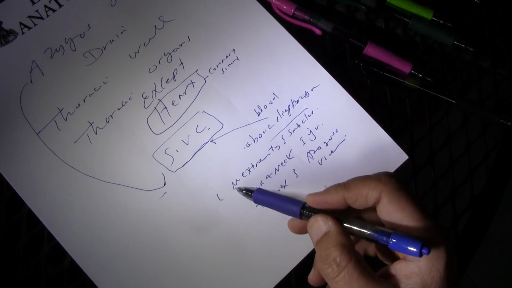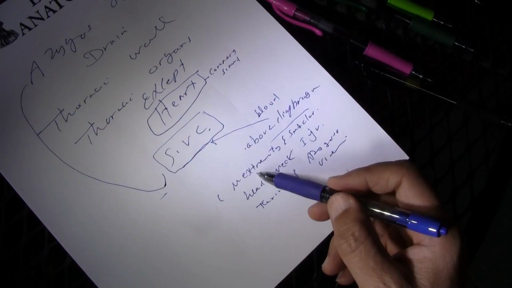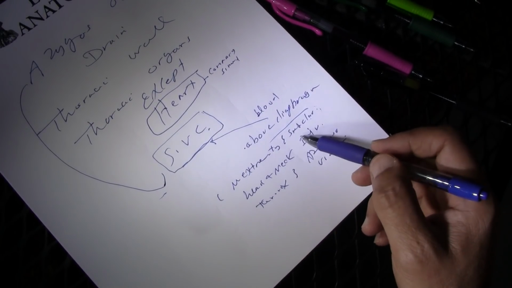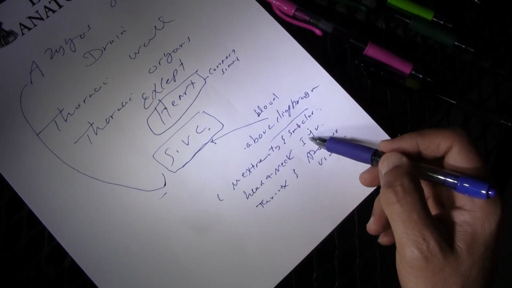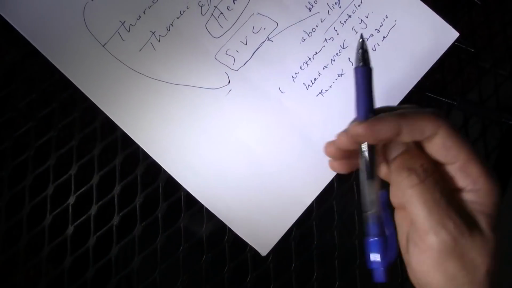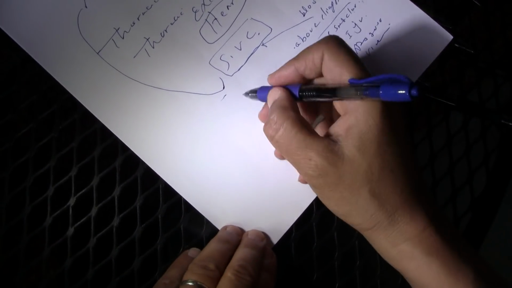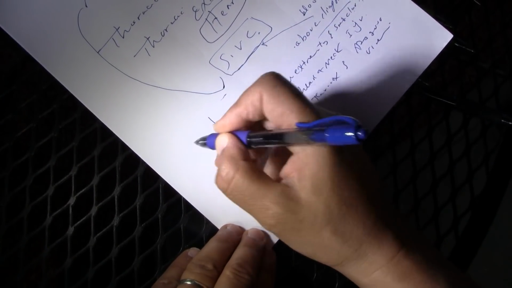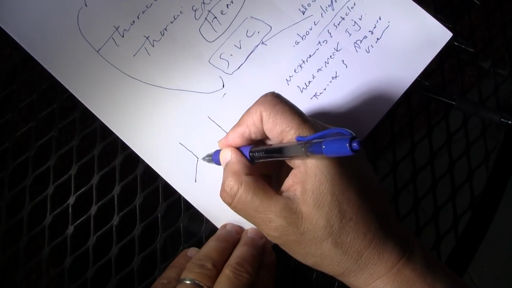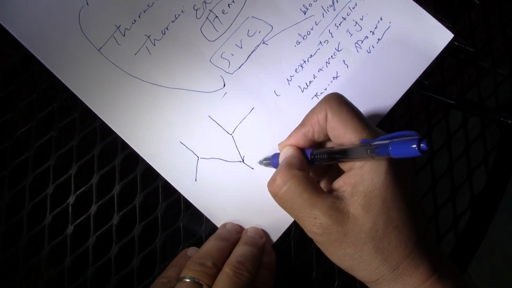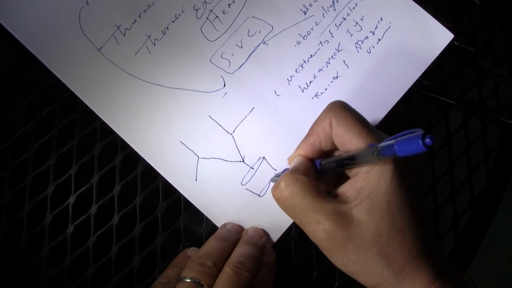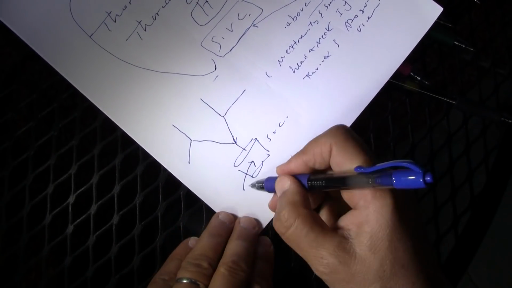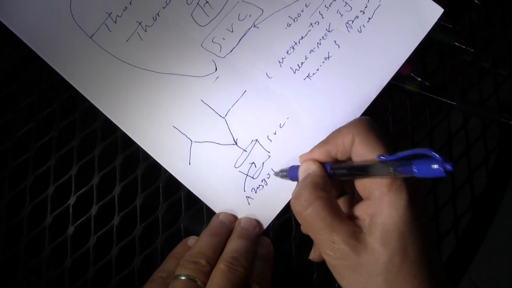So above diaphragm, you have subclavian vein and the internal jugular together. They drain into brachiocephalic, and the brachiocephalic veins together form superior vena cava. If you go with a simple drawing, this is internal jugular, subclavian, forming brachiocephalic. They end up into superior vena cava, and superior vena cava receives azygos.